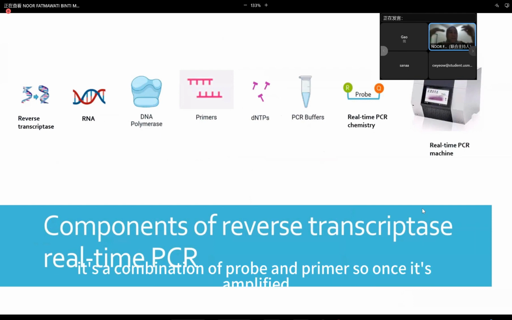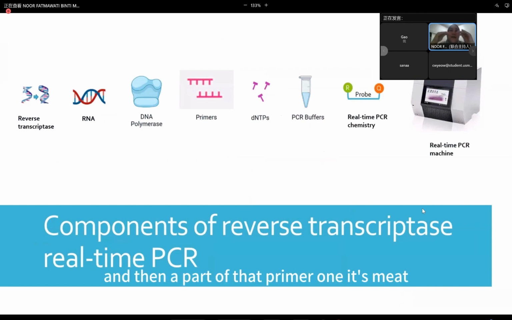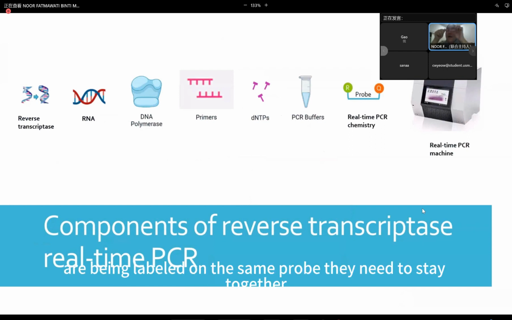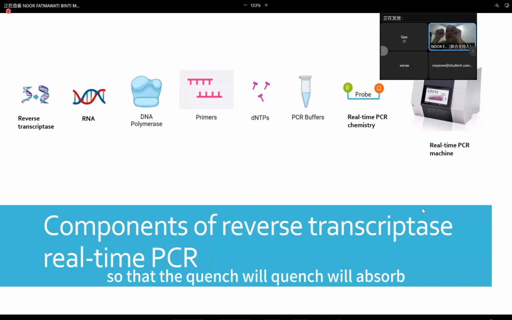Once it's amplified, a part of that primer, when it meets the probe, will cut the quencher. When the quencher is removed, the fluorescence now fluoresces. The quencher and the fluorescence are labeled on the same probe. They need to stay together so that the quencher will absorb the fluorescent signal. Quench means absorb.